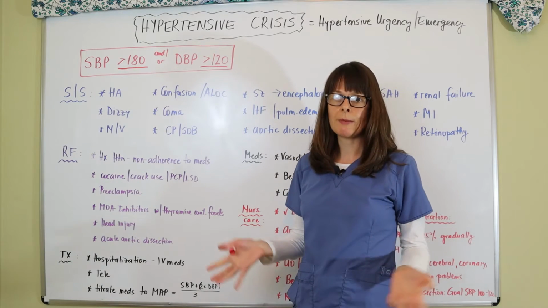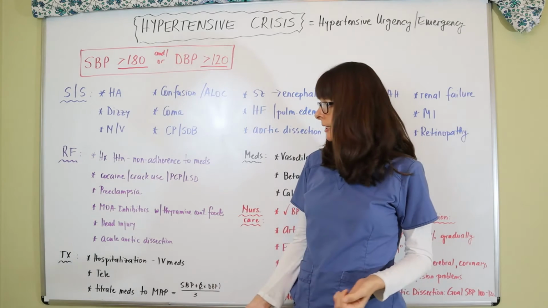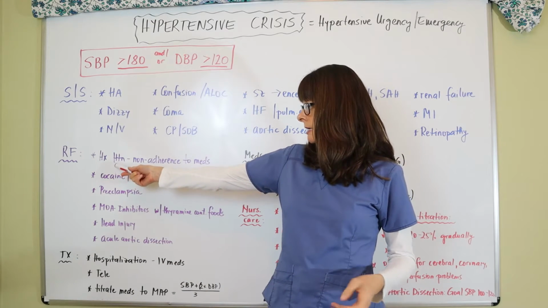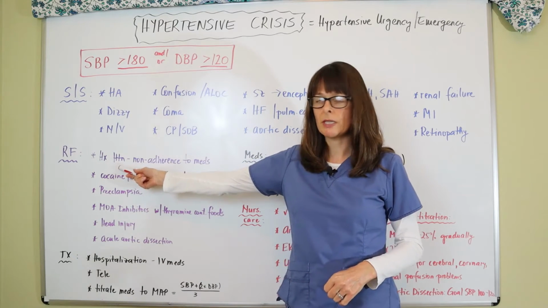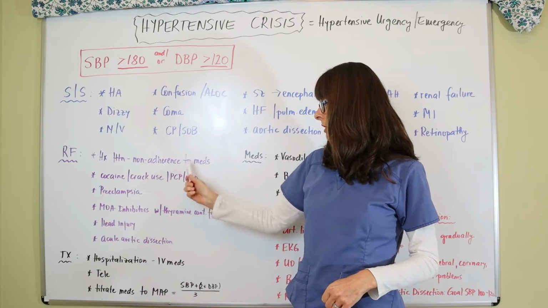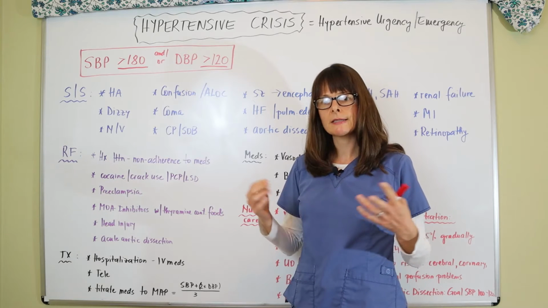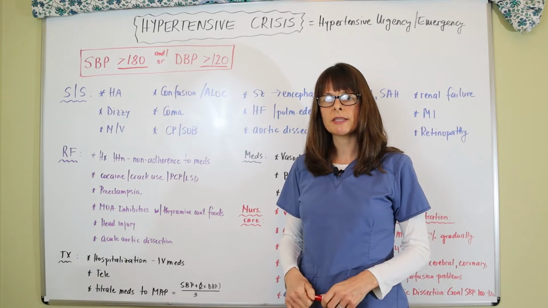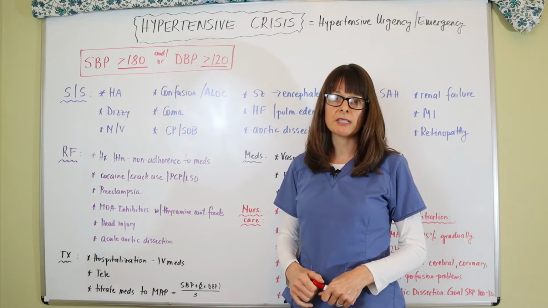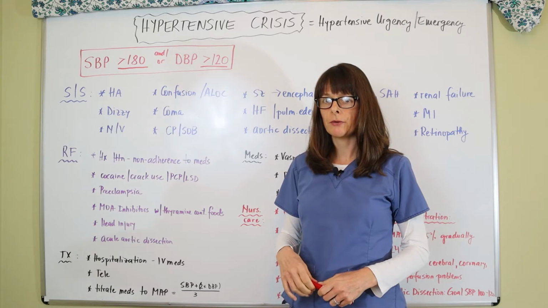Now, what leads to hypertensive crisis? Unfortunately, the most common one is a patient with a history of hypertension who is non-adherent to the medication regimen. So they forget, or there are other circumstances, and they just don't take their antihypertensives, and then the blood pressure gets out of control.